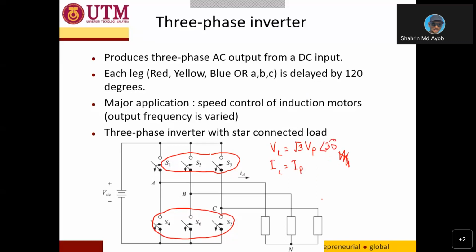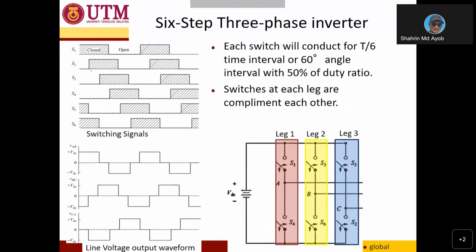This is for Y connection. Our syllabus will concentrate on Y connection only. The switching schemes can be either square wave or pulse width modulation. This is the simplest switching, which is a square wave.